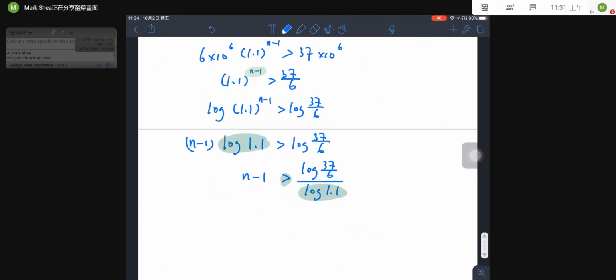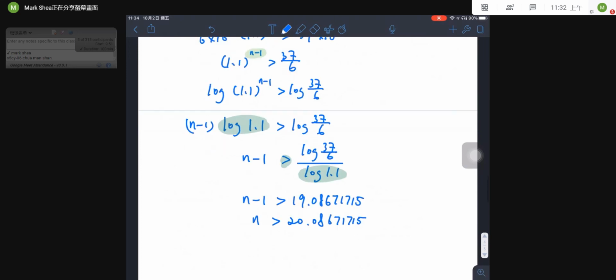Therefore, we have n minus 1 greater than 19. By using calculator, we can get this. So n should be greater than 20.0671715. So the required number is 21.